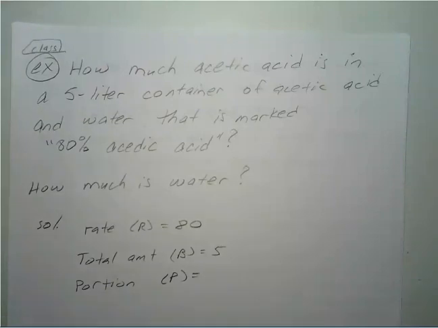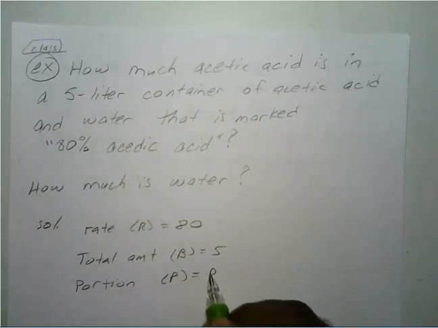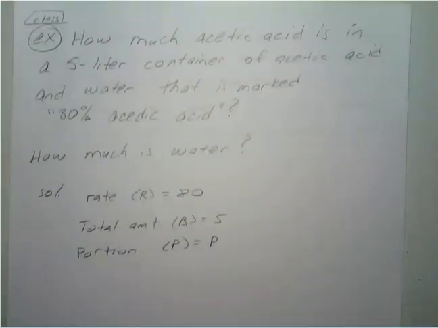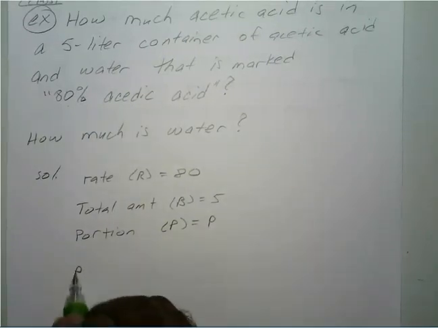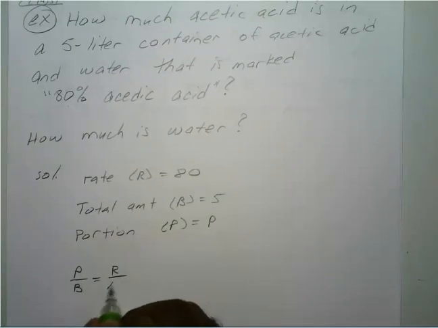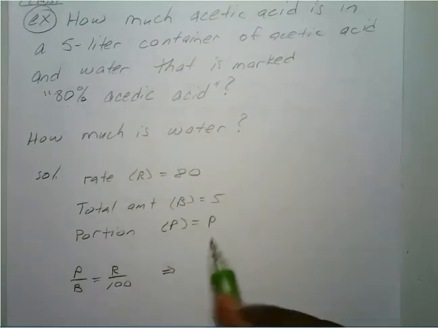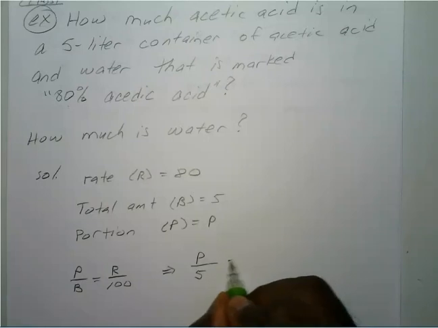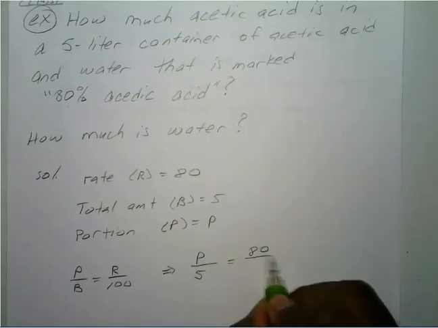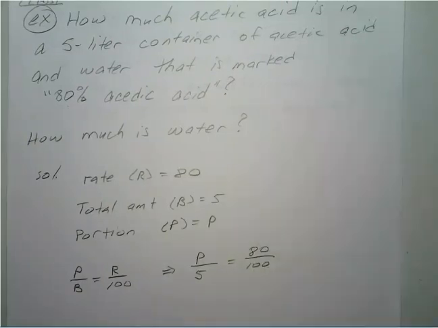That's what we're solving for. Your portion is P. So your portion over base is equal to your rate over 100. If we plug that in, P over your base, 5, is equal to your rate over 100.